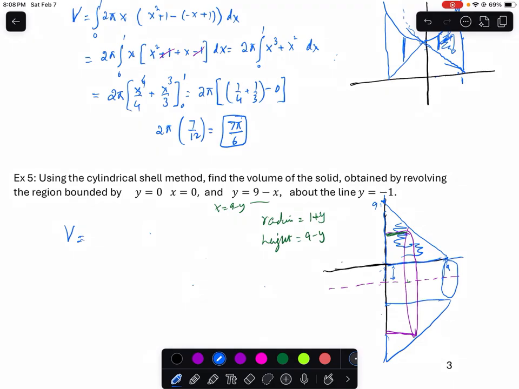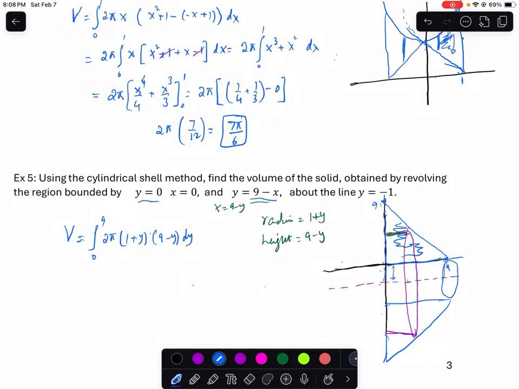You can also set these two equal. 9 minus x equal to 0 gives you x is equal to 9, which means y is equal to 9, and then we have y is equal to 0. So from 0 to 9, 2 pi 1 plus y, and then 9 minus y dy.